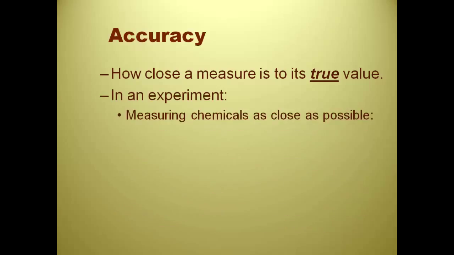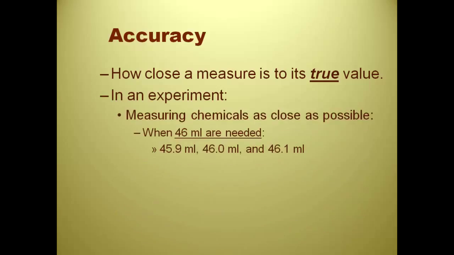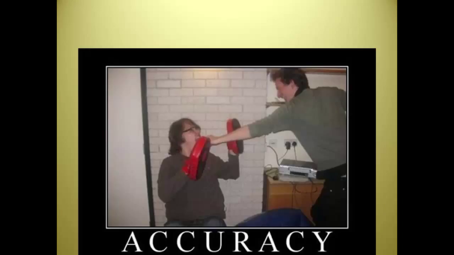So in an experiment, measuring chemicals as close as possible, when you want 46 mLs and you have 45.9, 46.0 mLs, and 46.1 mLs, these are very accurate. They're very close to 46. This person is not very accurate.